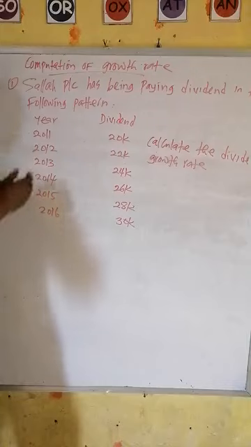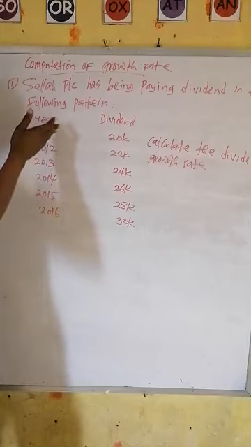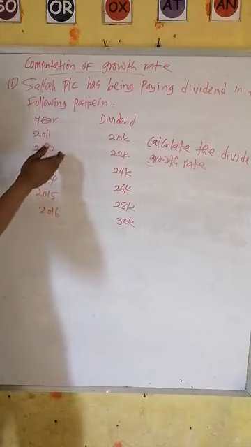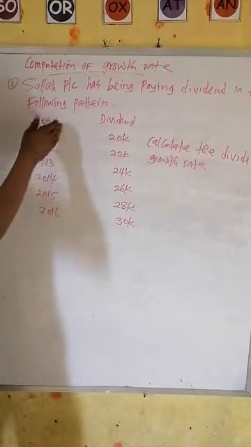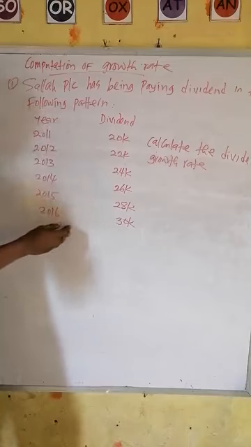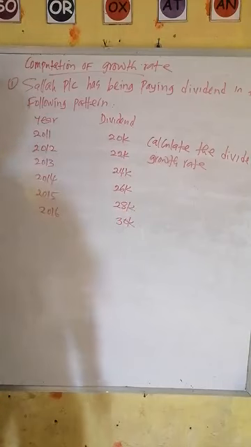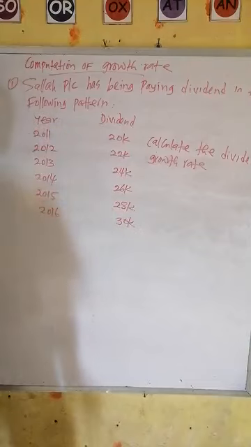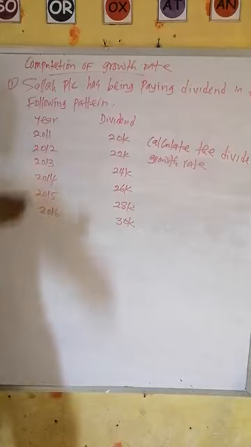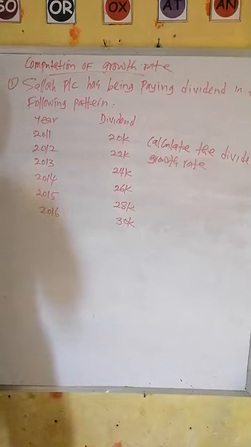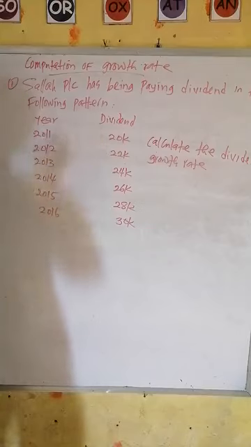Looking at the question, the dividend given to us is in a tabular form, in which we have years and the dividend in those respective years. If the dividend is given in this form, the information is telling us that we are going to use the dividend valuation model to compute our growth rate.